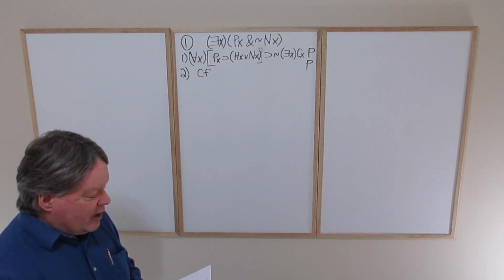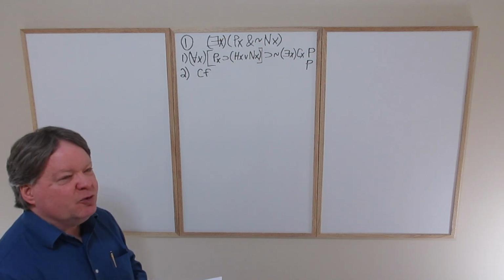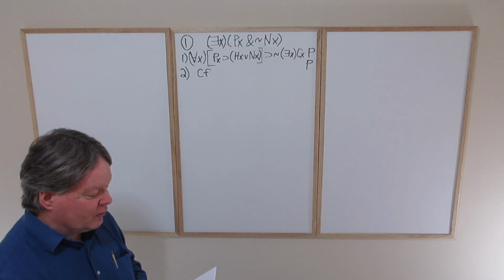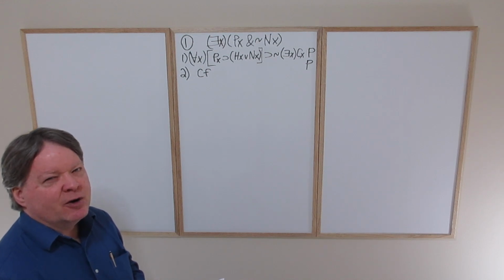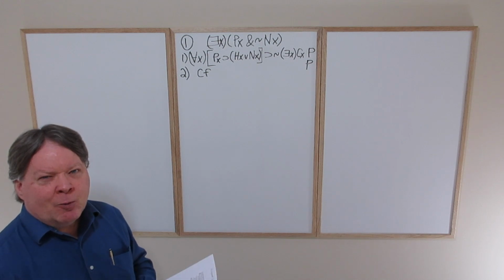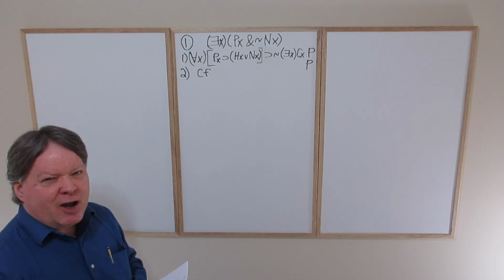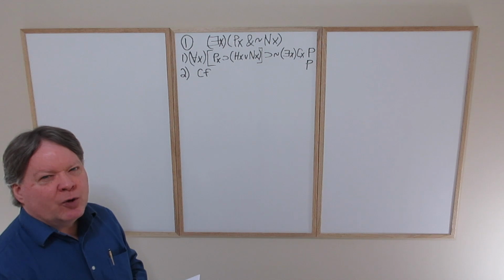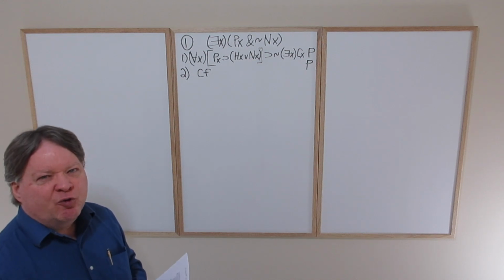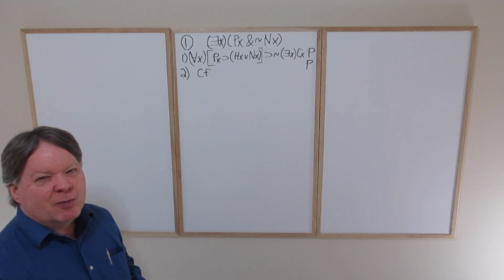So, what we have in assignment 12 are two sets of 10 questions where you have English arguments. You have to symbolize the arguments and then construct proofs for them. Now, I want to emphasize that test 4 is only going to involve constructing proofs for symbolized arguments that you will be given.